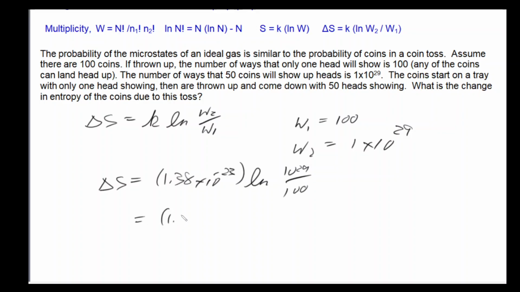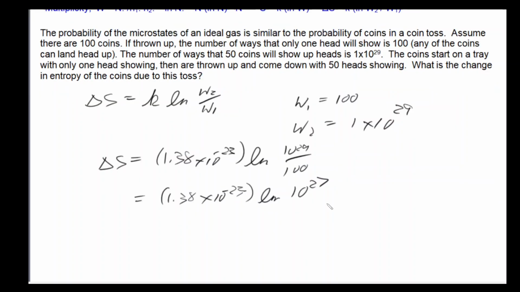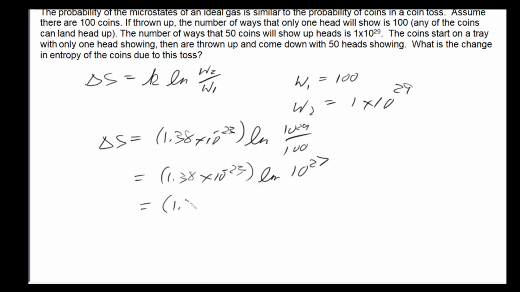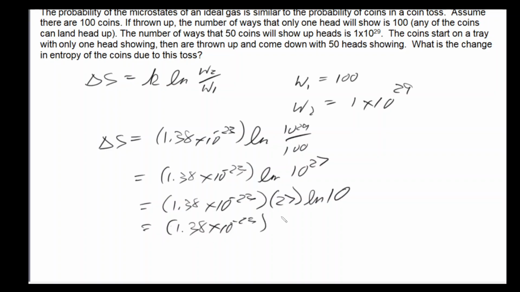So that's equal to 1.38 times 10 to the minus 23rd times the log of 10 to the 27th, which is equal to 1.38 times 10 to the minus 23 times 27 times the log of 10, which equals 1.38 times 10 to the minus 23rd times 27 times the natural log of 10, which is 2.3.